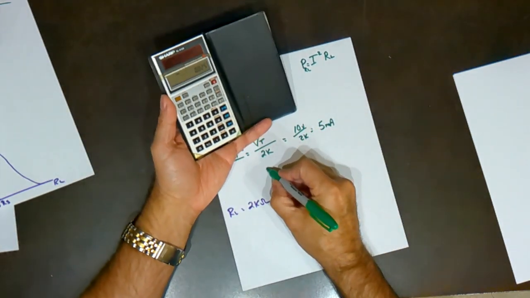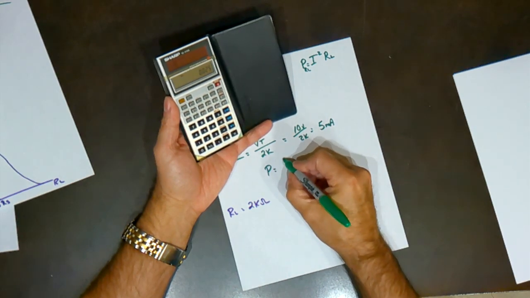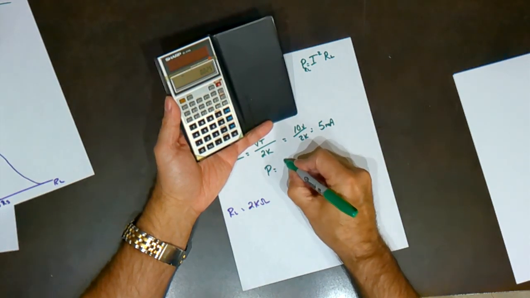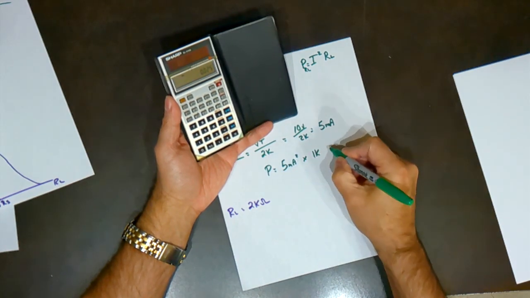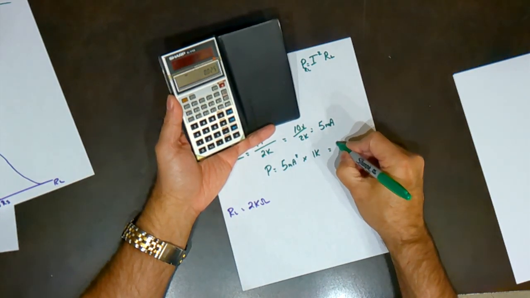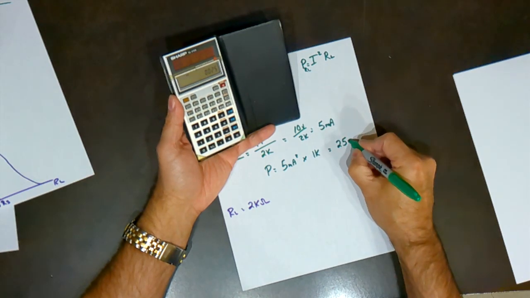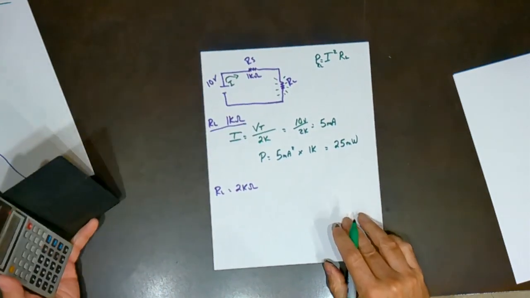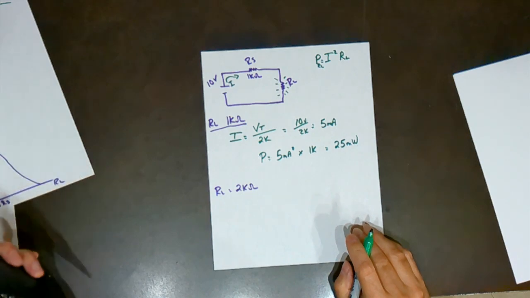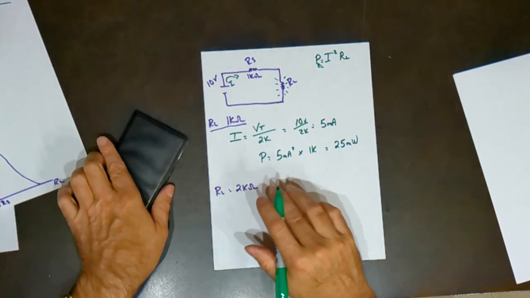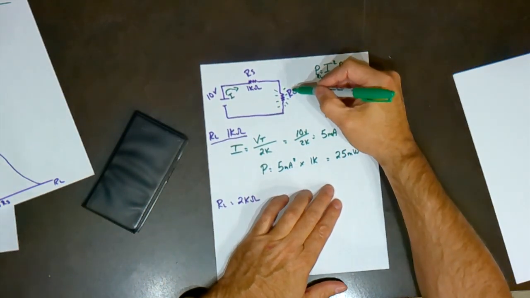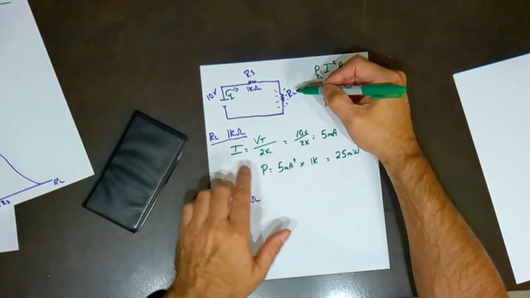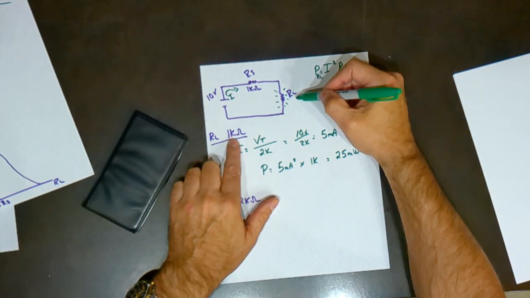So in this case, power is equal to 5 milliamps squared times 1K, which equals 25 milliwatts. So 25 milliwatts is the power that would be produced here if that resistor was 1K.